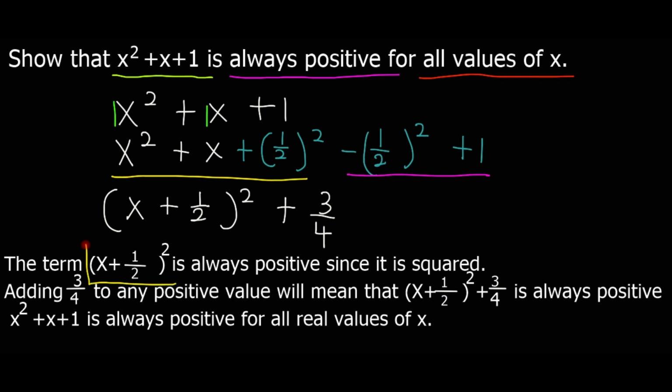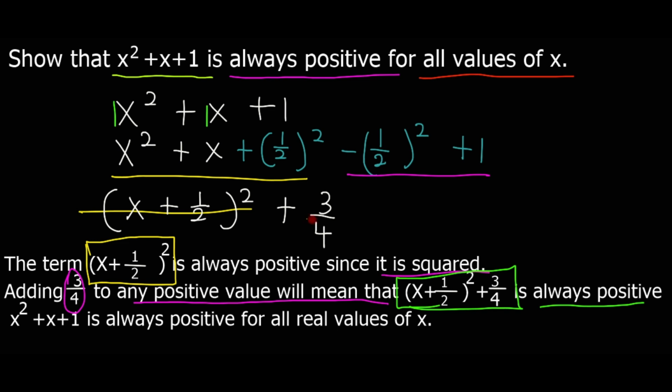The term x plus half all squared is always positive since it is squared. Already ke boletse ka yona. So adding 3/4 to any positive value will mean that x plus half all squared plus 3/4 is always positive. This is true because this part is always positive. Le ge re ka adda this number re tlo phela re kry-a positive, because kaofela e tla ba le positive and positive.